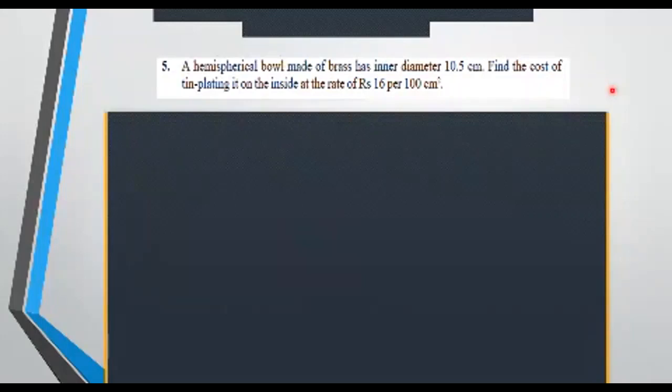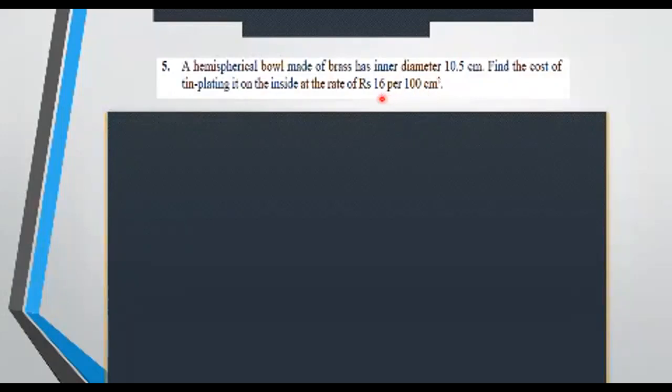2 pi r square. Your r is what? 5.25. Go slow. It's 5.25. Find 2 pi r square and this is per 100 centimeters square.